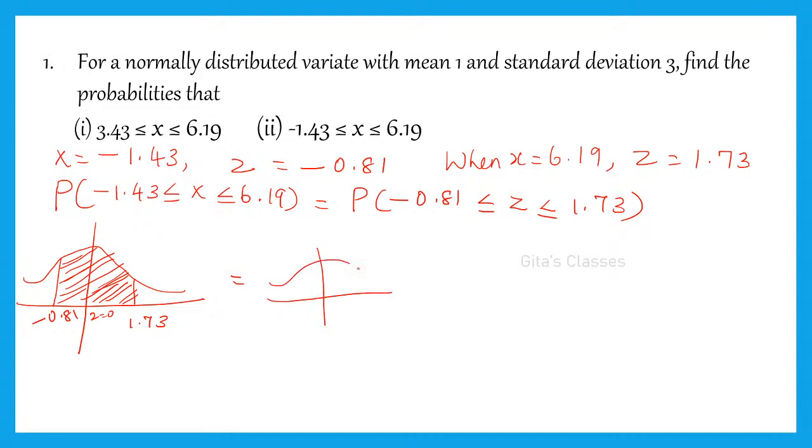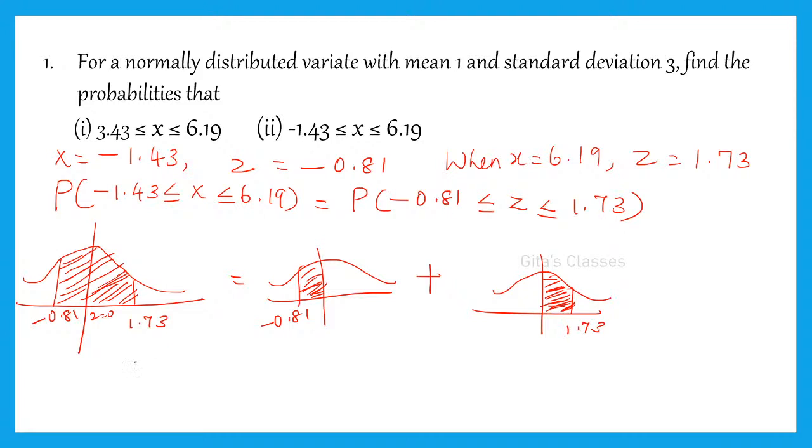This is minus 0.81, this area, plus 1 up to 1.73. Previously we subtracted because it was minus, but now we want the area in between, so minus 0.81 this area plus 1.73 this area.